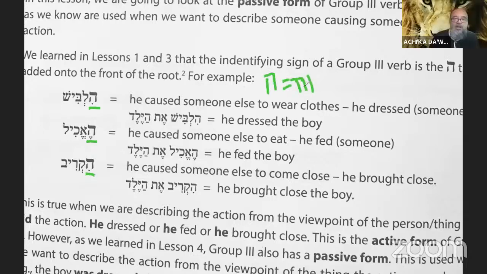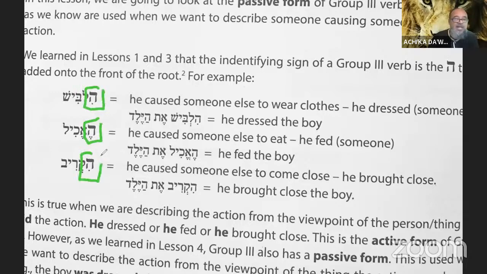Also, it could just be the first letter of a root, since some Hebrew words start with the letter hey. So you'd have to know your roots to understand whether this is a root or what they would call a direct object marker, a definite object marker like the, working like that.